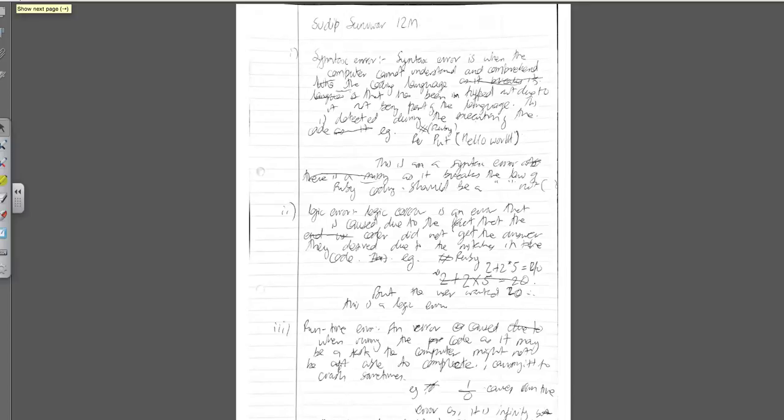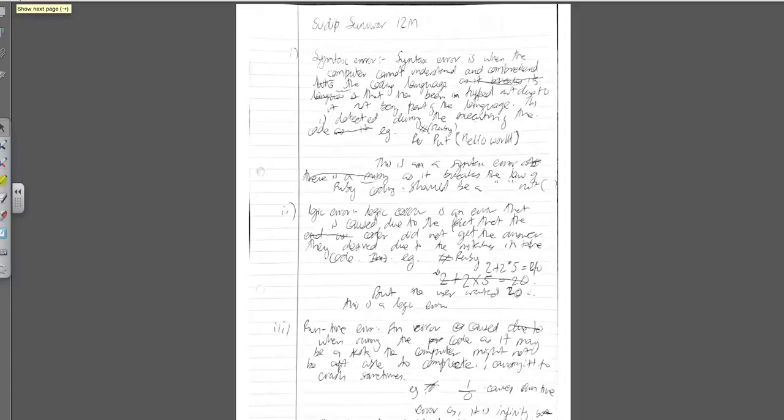It's too woolly there. It's when the computer cannot understand the language. Alright, I'll give you 2 for that because it's a bit hard to read. This is a syntax error as it breaks the law of Ruby coding, should be a not. Okay, I'll give you 3 out of that.